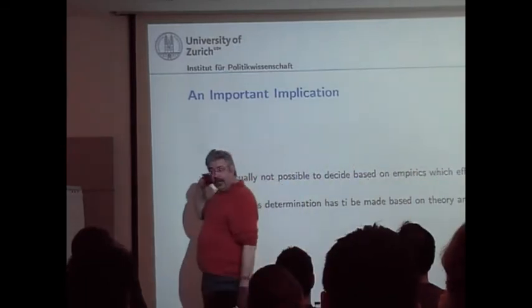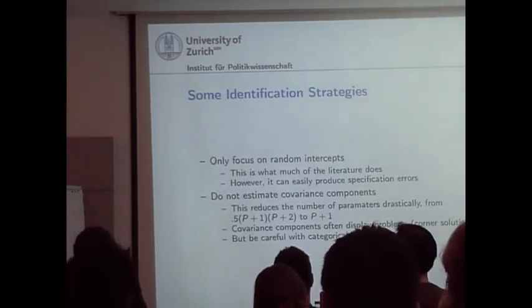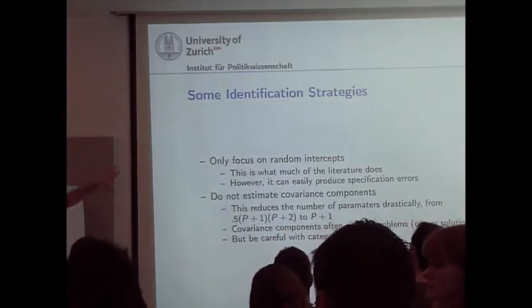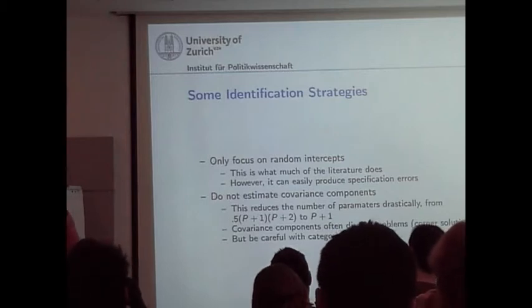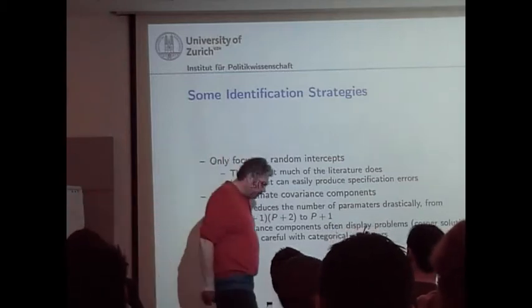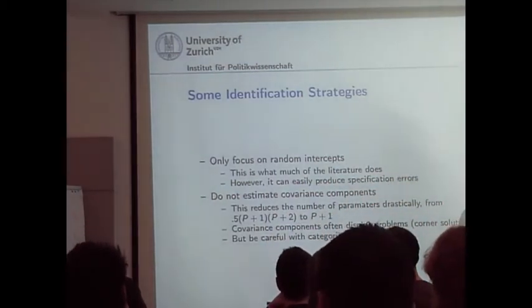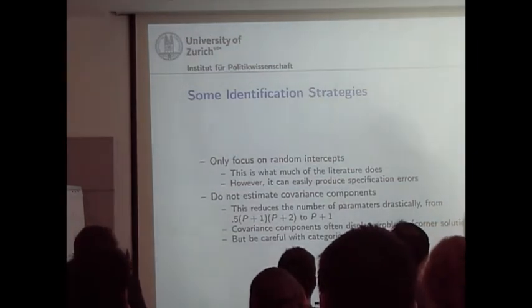So what I did here is a very common thing that people do in estimating these models. In fact, here are a couple of identification strategies that I see a lot. The first one sort of drives me nuts, although it's incredibly common in political analysis. Just do random intercepts, then you never have a problem.